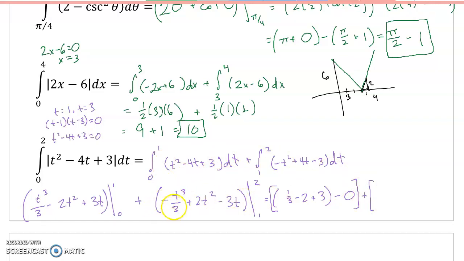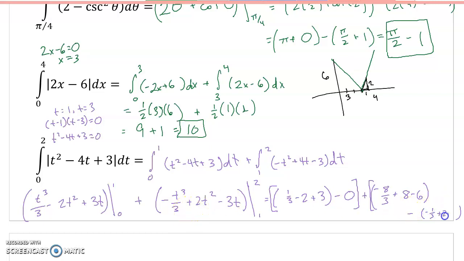So evaluating this at 2, we're going to get -8/3 plus 2 times 4 is 8 minus 3 times 2 is 6. And then when we evaluate this at 1, we're going to get -1/3 plus 2 minus 3.